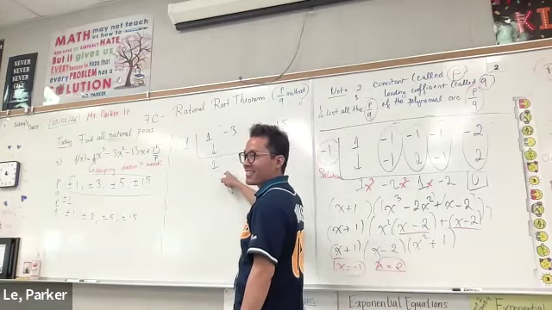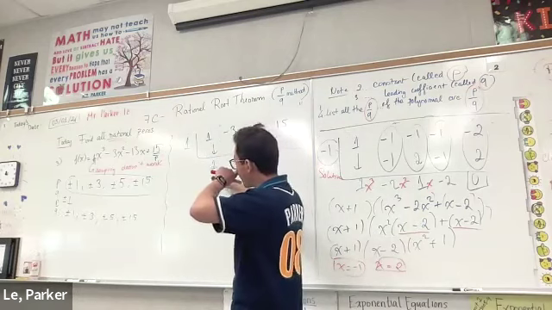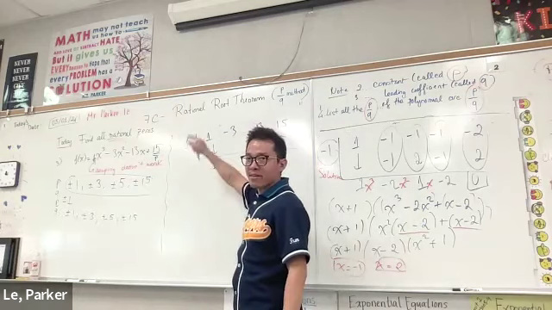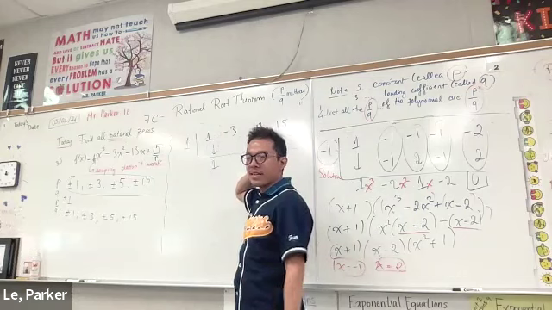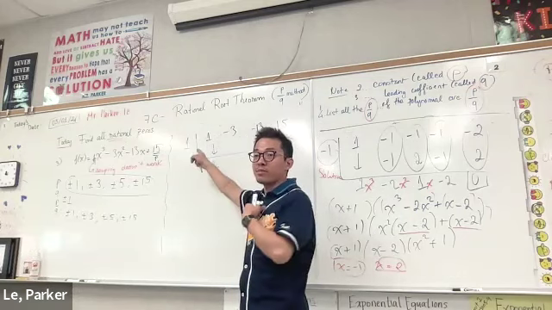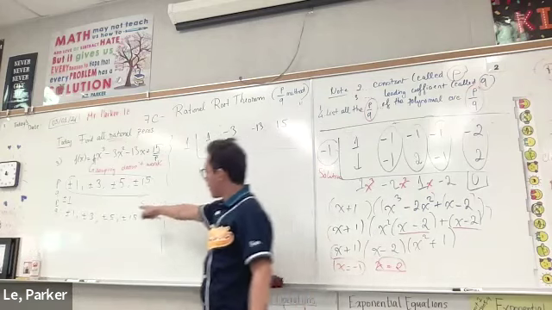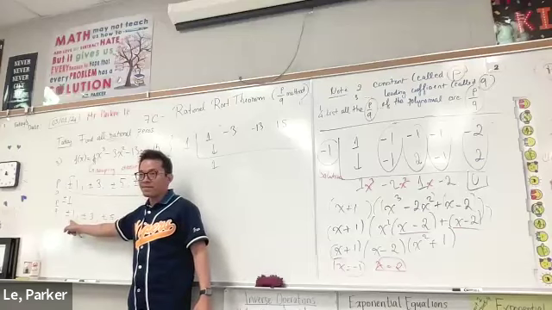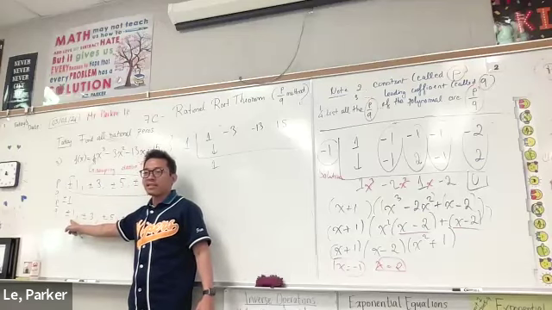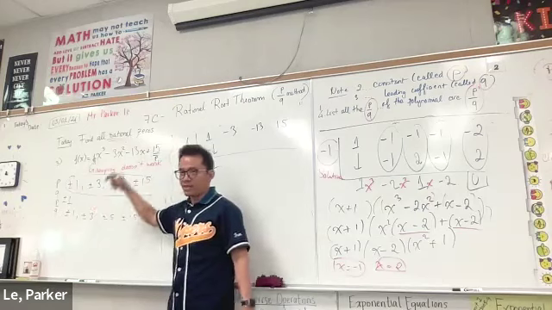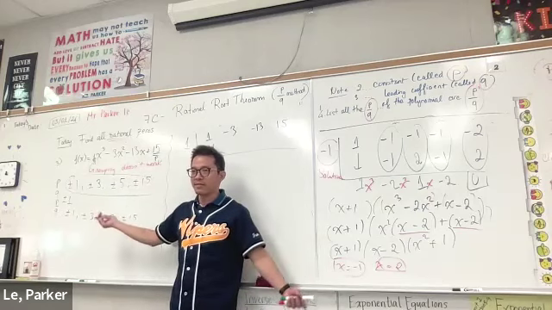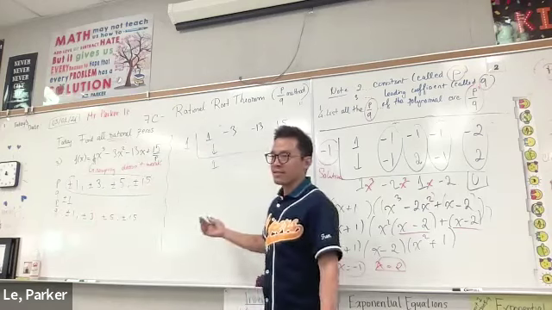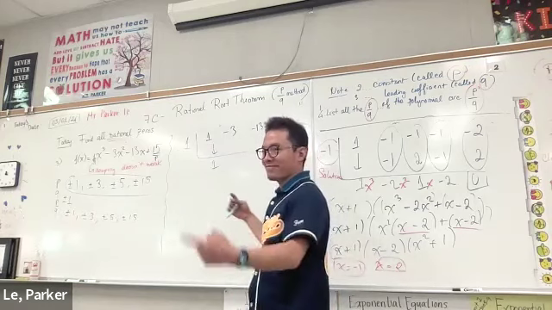We should try any number. It can be 1, it can be -1. Try 1 first. This is a candidate, right? So you can try 1, you can try -1. It's fine. No, you did it right. I was testing you.